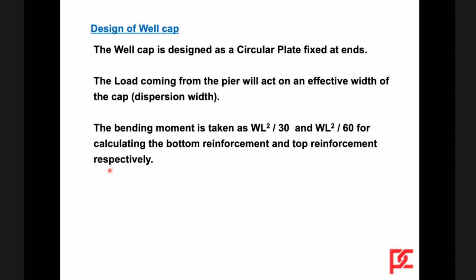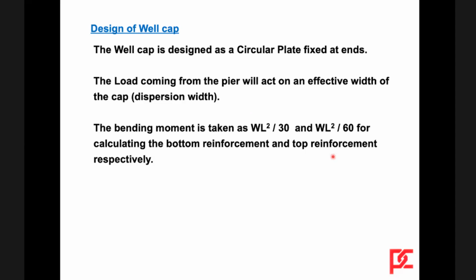Then well cap design. The well cap is designed as a circular plate fixed at ends, because the steining reinforcement is going into that. The load coming from the pier will act on an effective, dispersed width of the cap. The bending moment is taken as WL square by 30 for the negative, for the top reinforcement, and WL square by 60 for the bottom reinforcement.